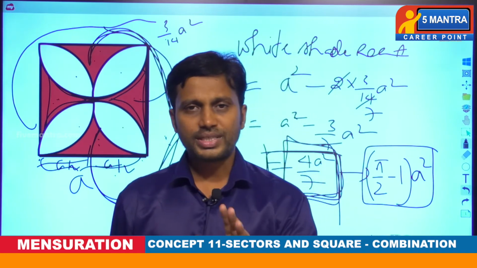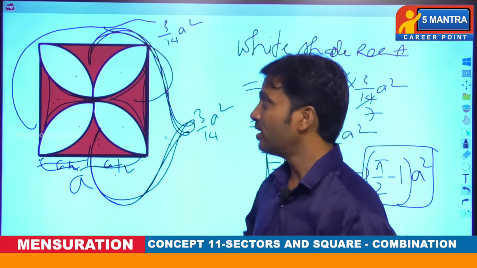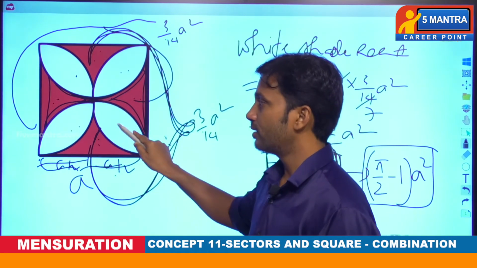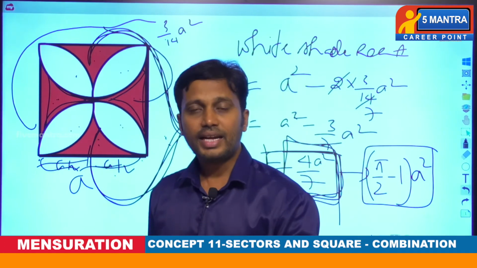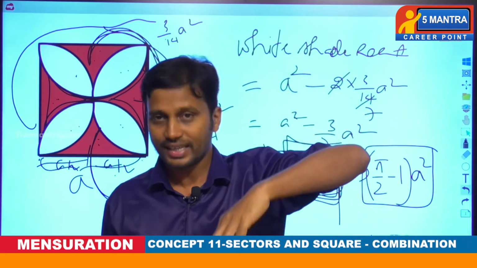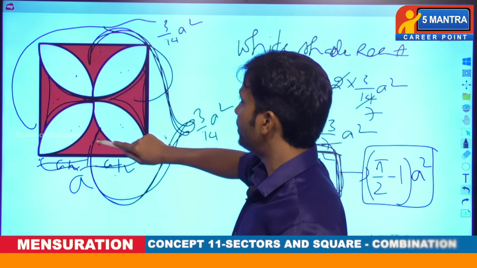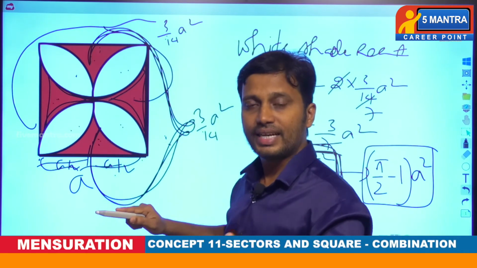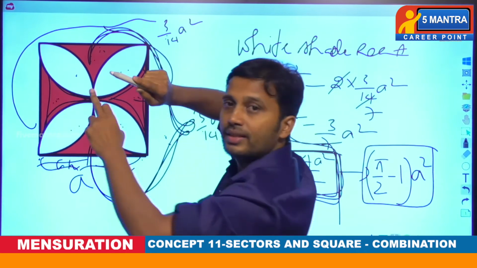Got it or not? Once again reminding you, here 4/7 a² is the area of what? This white colored flower. In the first case we analyzed directly, and in the second case we utilized the previous concept technique. Here these two gaps' area would be how much? 3/14 a². Like that these two gaps are there, and here these two gaps are also there.